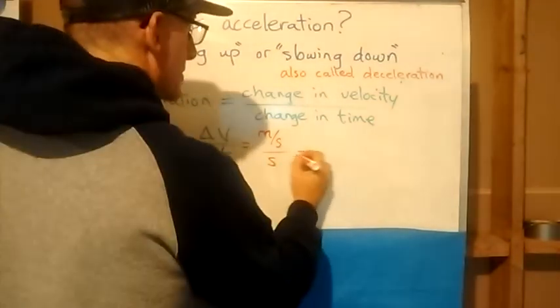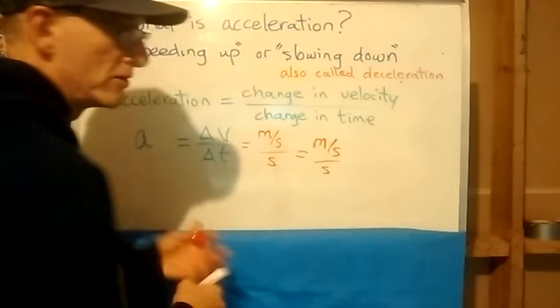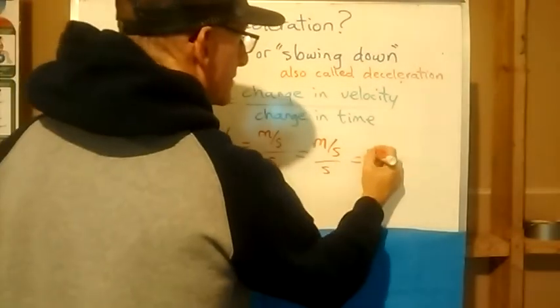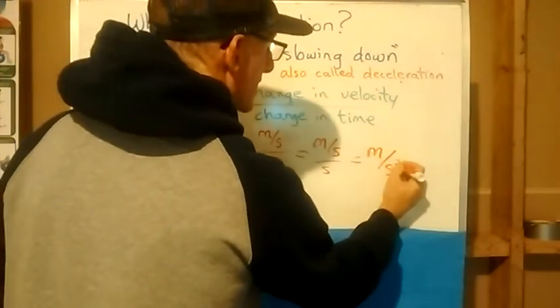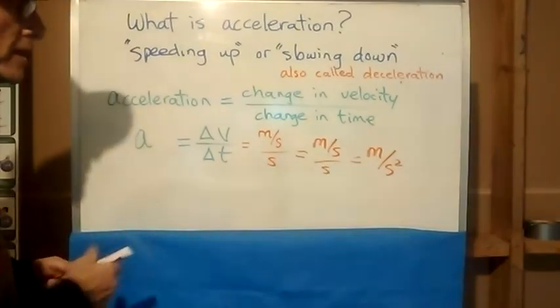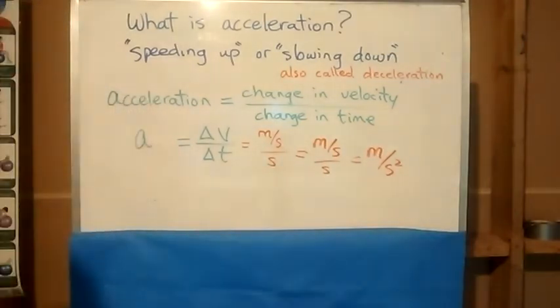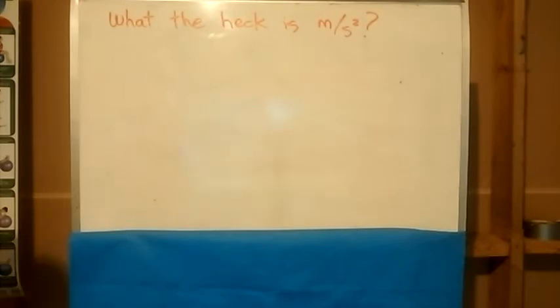So these units would look like meters per second per second. And if you do the math on that, that just turns out to be meters per second squared. So it's got an odd unit, meters per second squared, but whenever you see that unit, you know it means acceleration.